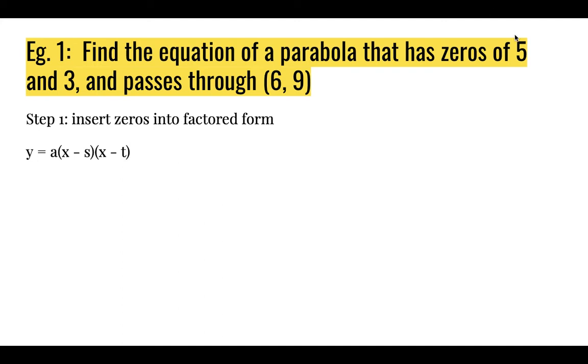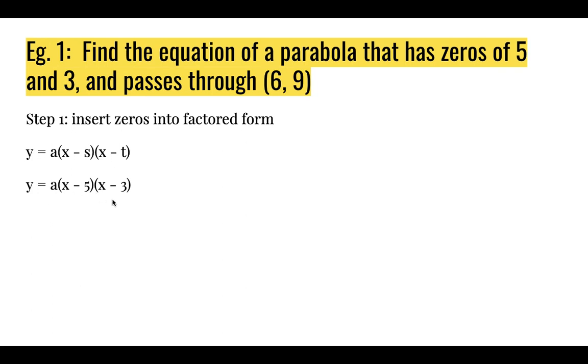So our zeros are 5 and 3, so you're going to replace s with 5 and t with 3. It doesn't matter which number you put for which letter. I just put it in the order that it appears in the equation, just to make it simple. Okay, so that's step one.